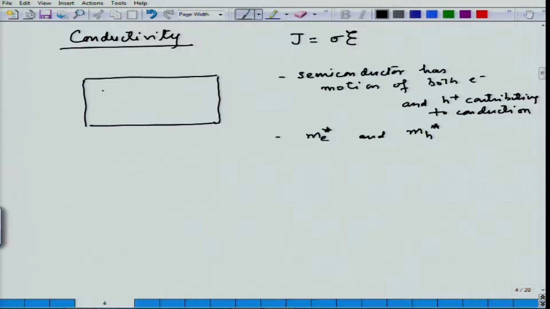So, let us take an example where I am looking at only electrons in the conduction band and I am applying a field. If I am taking the field in this direction, the electron is going to move in the opposite direction. Now, this electron will have some average velocity because of this field, and then just like a classical particle, it may have a collision with a lattice atom.